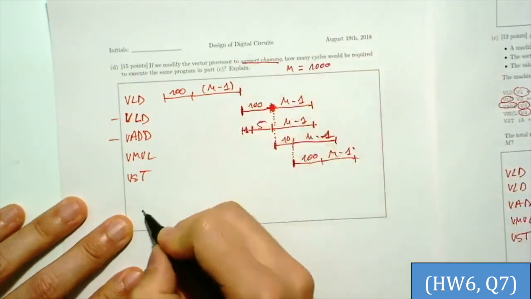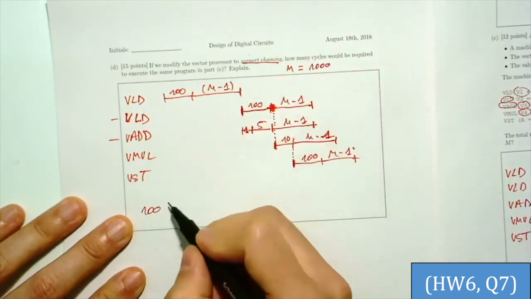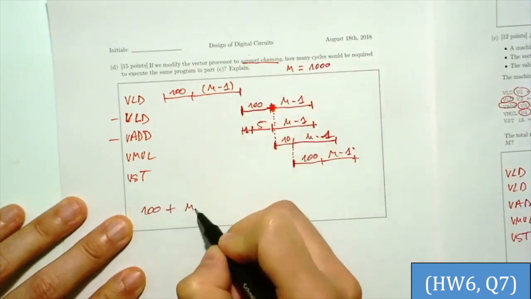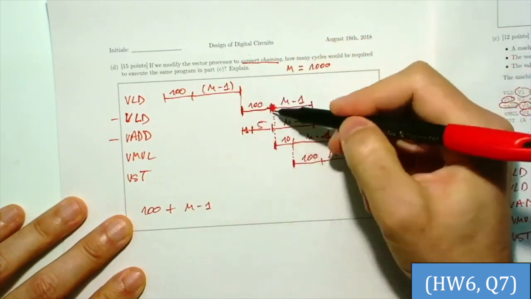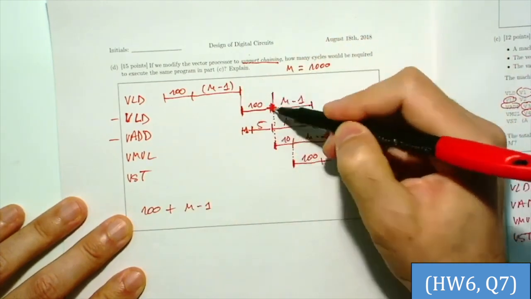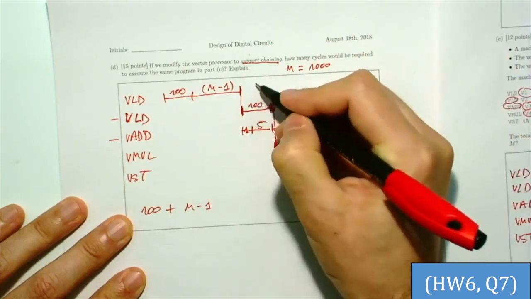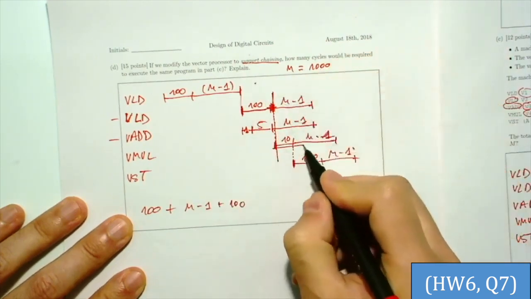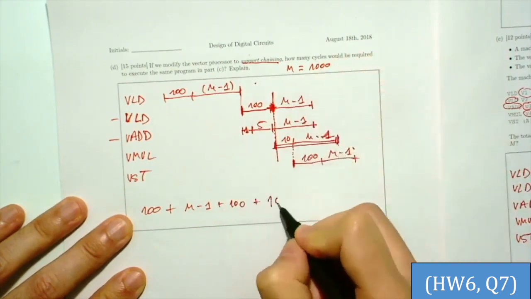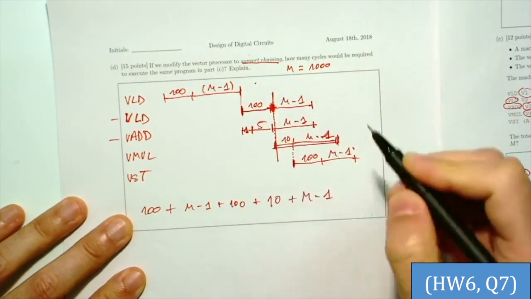So the latency here is this one plus this one, 100 plus 10 plus n minus 1.